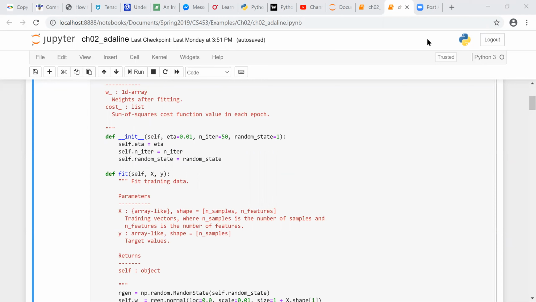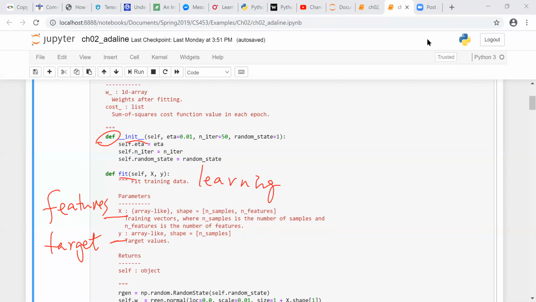Then we have the constructor, so nothing new here. And we have the fit. Fit is for learning, so over here it's Adaline learning. X is the features, and y is the target.